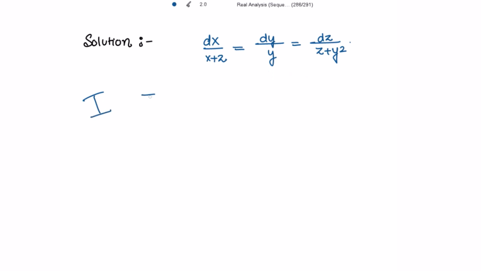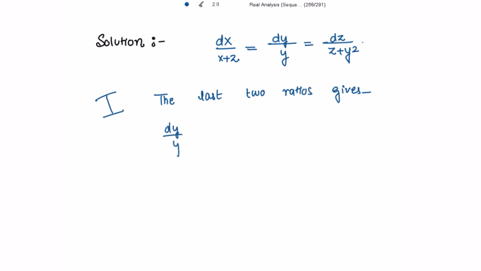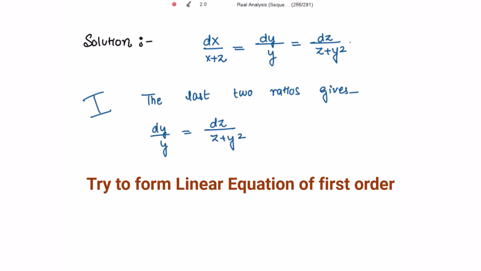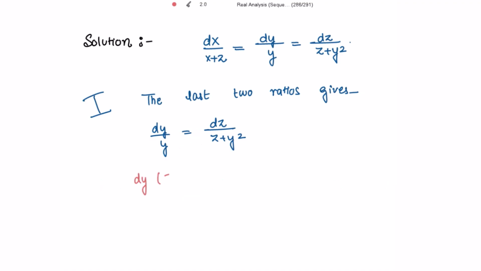So from the last two ratios, that gives dy by y equal to dz by z plus y squared. To form the linear equation, let's cross multiply. So we get dy into (z plus y squared) equal to y dz.